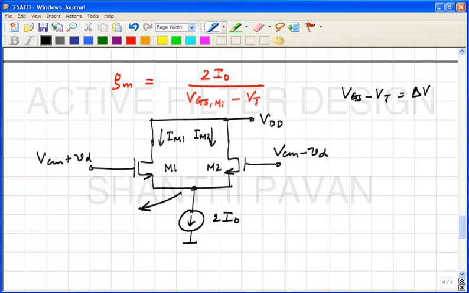Okay, MTechs, PhD students, keep quiet. Let the BTechs answer. I've already said that the VGS minus VT of either transistor when VD is 0 is denoted by delta V. Is that visible at all actually, Ashwin, from there? Okay. Now can you tell me what the quiescent voltage is at this node?